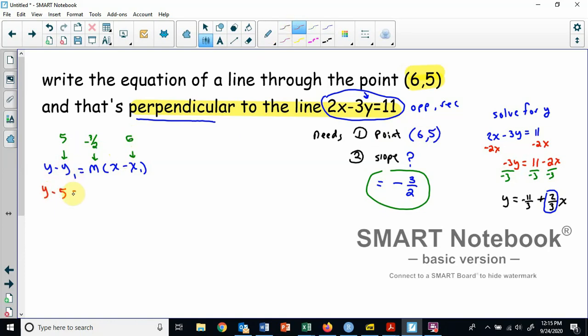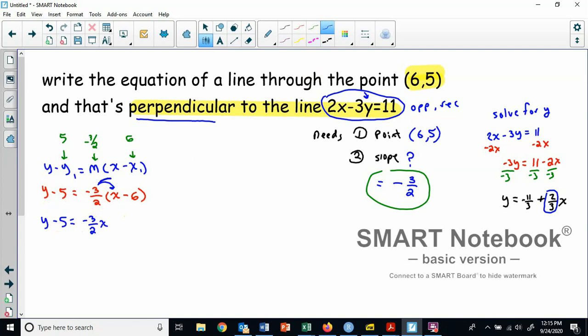Okay, awesome. So let's plug those in. y minus 5 equals negative 3/2 times x minus 6. Okay, now let's get the correct form. I'm going to distribute, and then next step I'll move the 5 over. So let's distribute first. Negative 3/2 times x, that's actually easy even though it's a fraction because we just stick it beside the x.